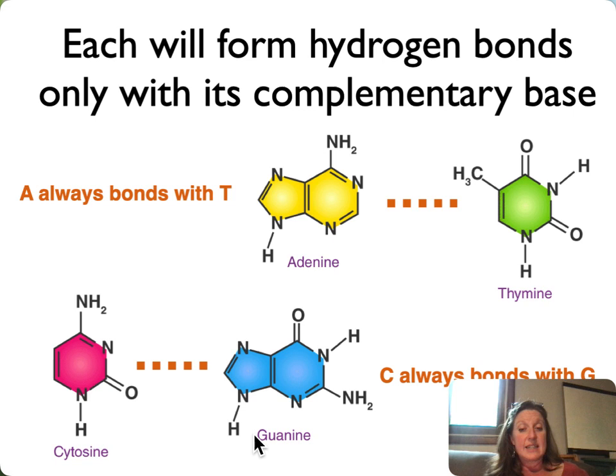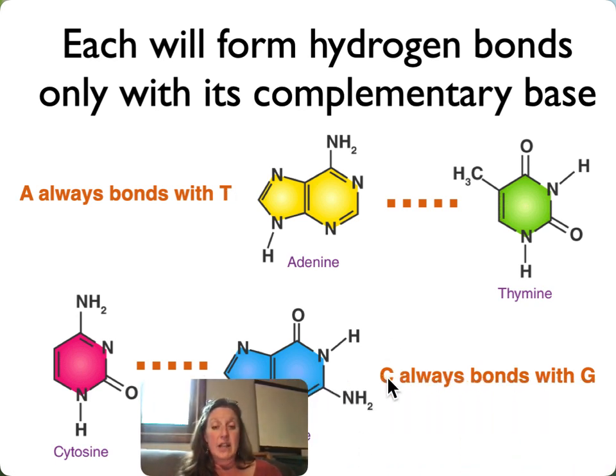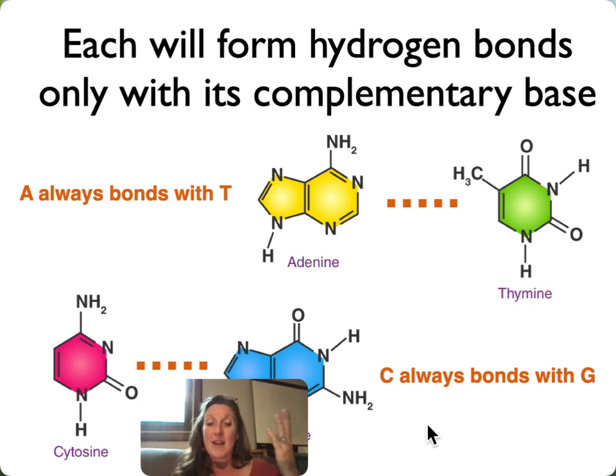And cytosine and guanine always form hydrogen bonds together. So there are lots of ways to remember how this goes. I always remember that the straight letters, the ones that are made with straight lines, go together, and the round letters go together, the C and G. So you may find other ways to recall, but that's always been the easiest for me.